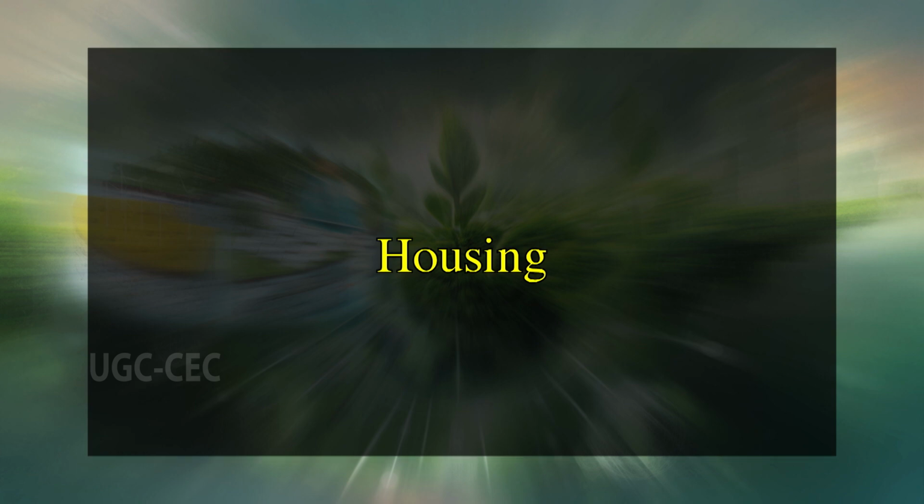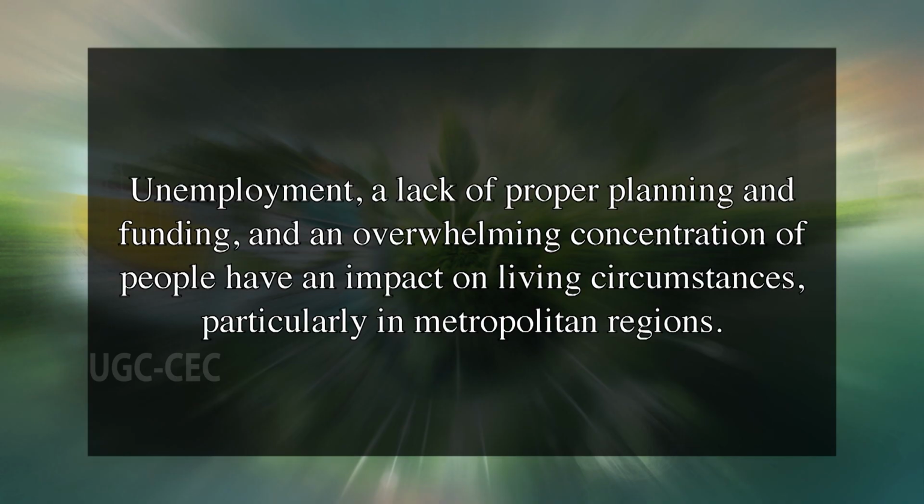Talking about housing, one of the key elements of sustainable development is adequate housing. Adequate housing is a major factor in creating communities that are safer, more equitable, productive and healthier. Unemployment, a lack of proper planning and funding, and an overwhelming concentration of people have an impact on living circumstances, particularly in metropolitan regions.